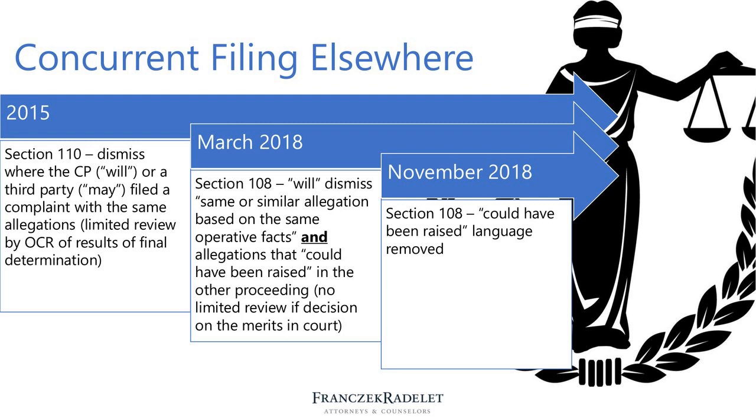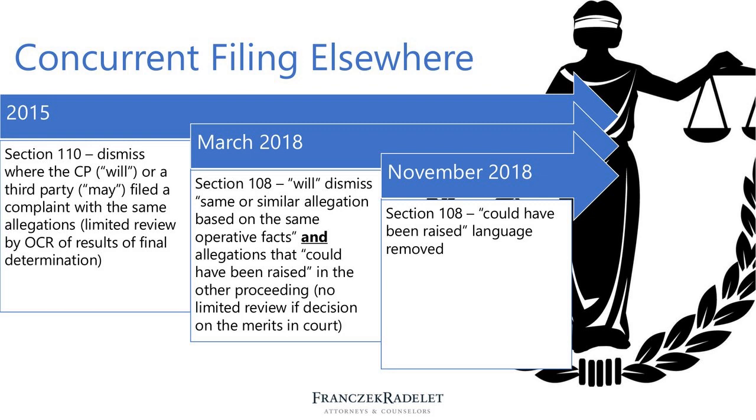In that realm where it was the complainant filing the complaint, OCR was mandated to dismiss. If the complaint was filed by a third party with a court or another agency or with your internal process, you could, as OCR, dismiss the complaint.